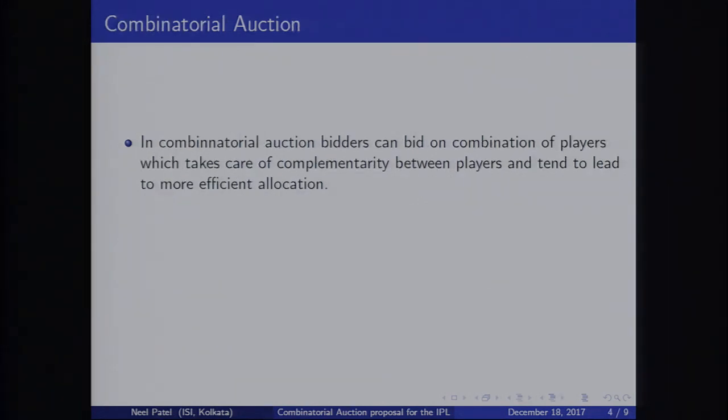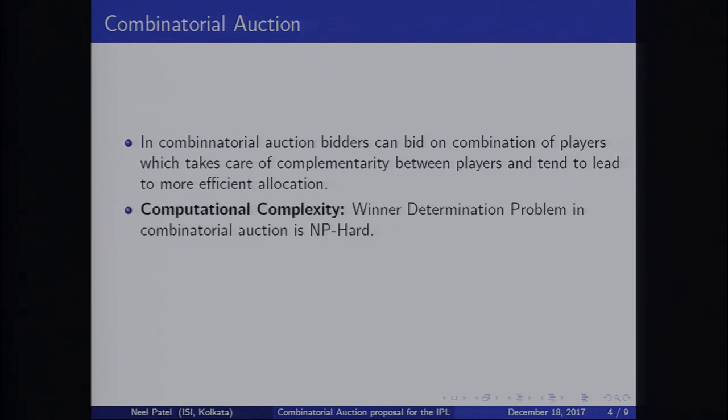I am proposing a combinatorial auction in which the bidder can bid on pairs of players or single players, so as to reduce the complementarity constraint. The computational complexity of winner determination is an NP hard problem, and in cricket, players complement each other as pairs, because only pairs of players are involved.